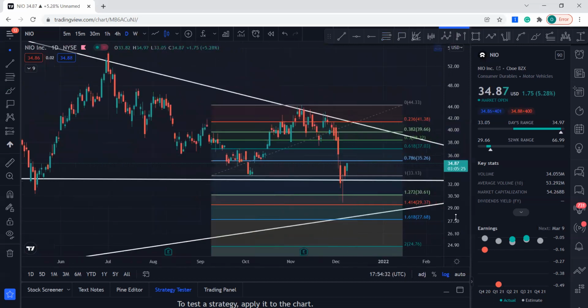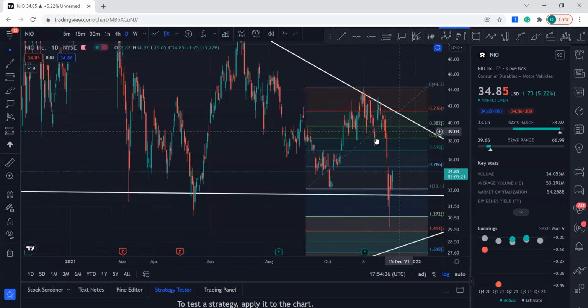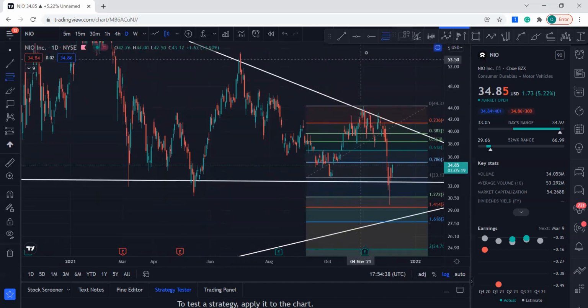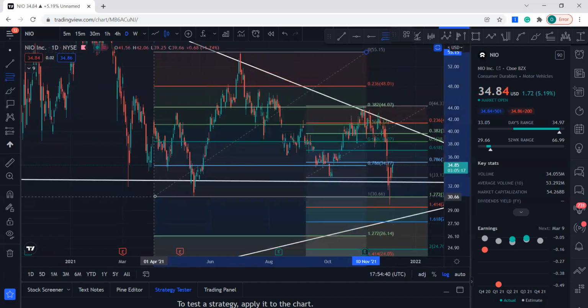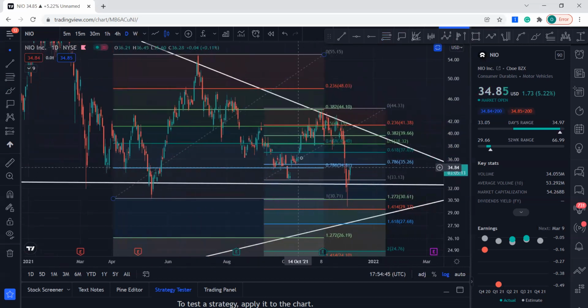Let me just put another Fibonacci level over here. You can see the 0.786 level. With this move, it has already broken it, and with this move, it's battling it right now. Even so, if it breaks it, this is what's going to happen. I'll just lay it out for you.